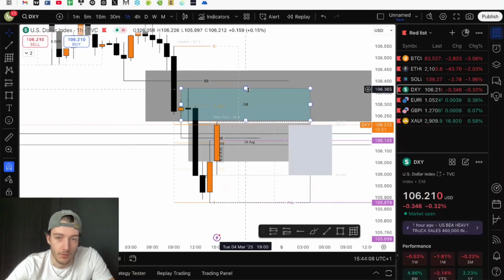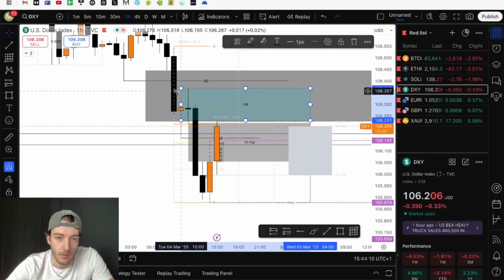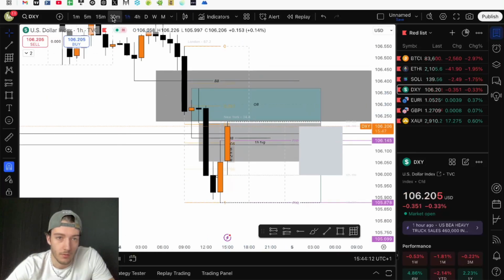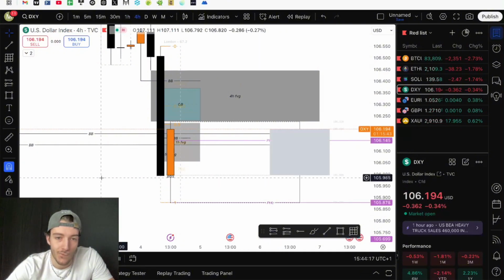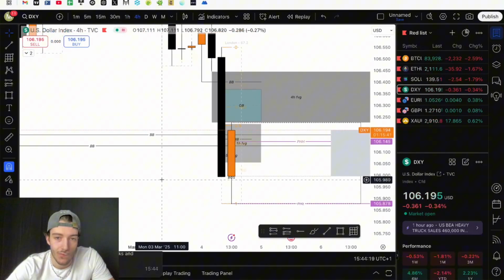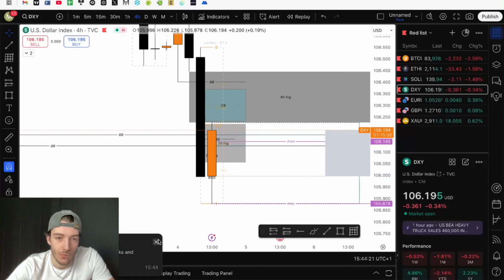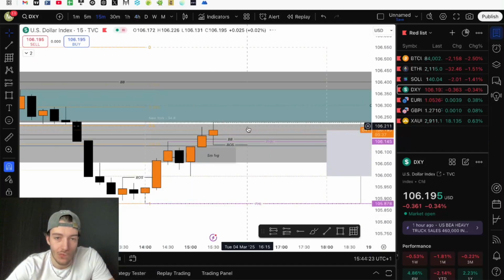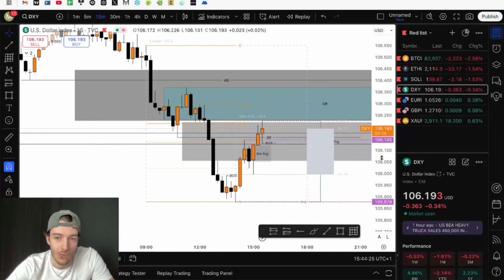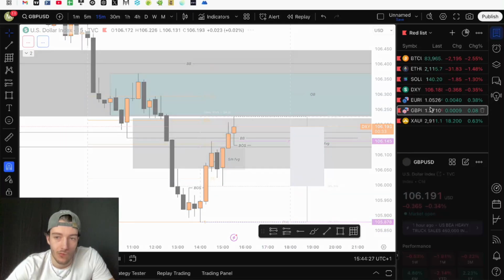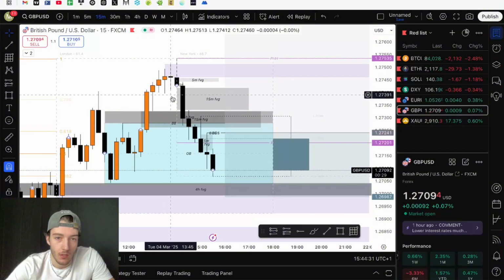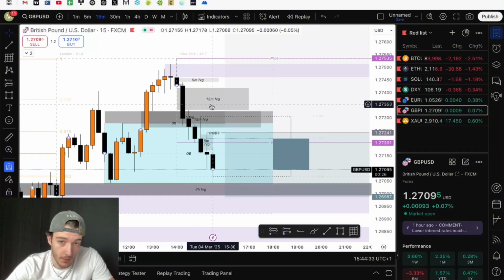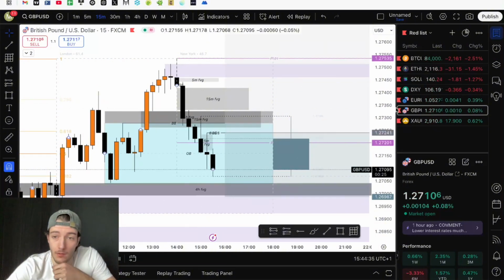It really shouldn't go above this order block. It really shouldn't. If I would have shorted JU, it would have been off of this 50-minute fair gap, but we never tapped into it.